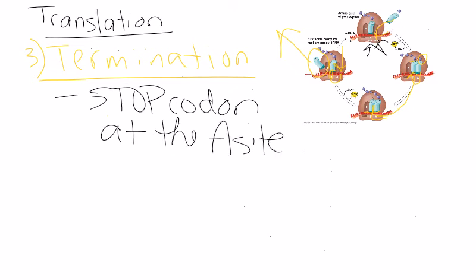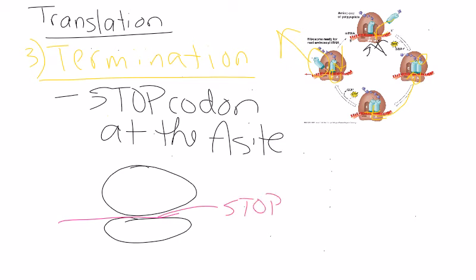And so if we have our ribosome and we have our mRNA, and in our mRNA we have reached here the stop codon. Okay. What is going to happen is that at the A site, we are going to see our A site tRNA is going to carry with it an amino acid.